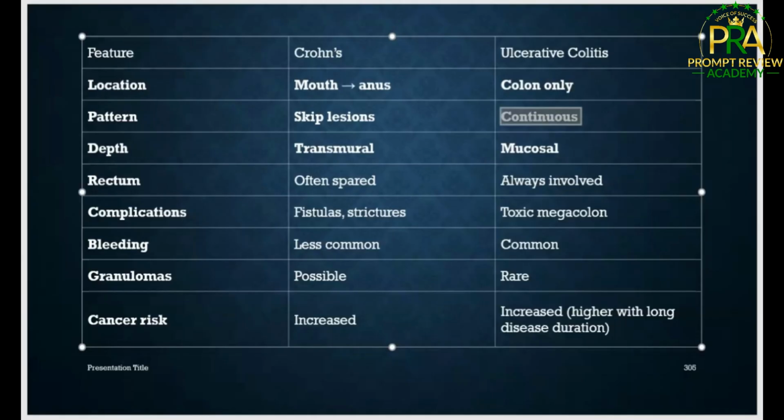Another thing to remember for emphasis: Crohn's is transmural, which means the inflammation goes through all layers. It can go from the mucosa, submucosa, through all layers. But for ulcerative, the inflammation just goes to the innermost lining of the GI.